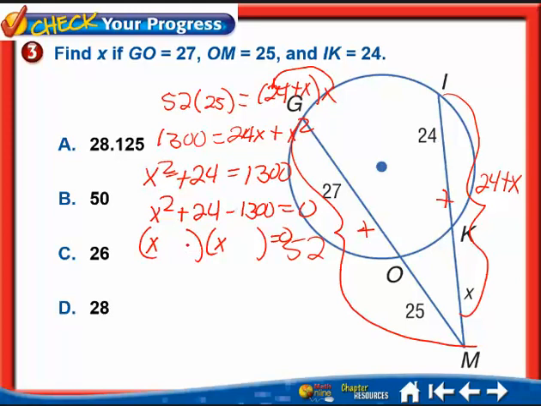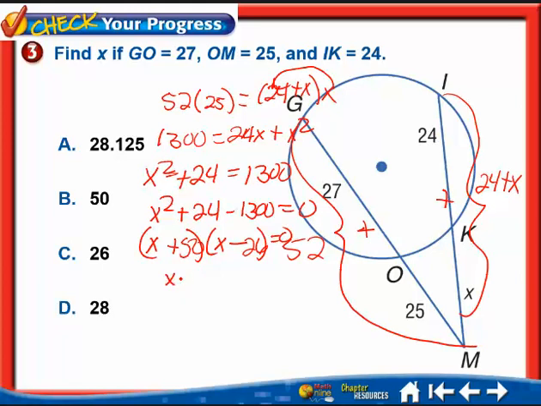Let's see. 50 and 26. This needs to be positive, and this needs to be negative. So 50 times 26 makes 1,300. 50 minus 26 equals 24.